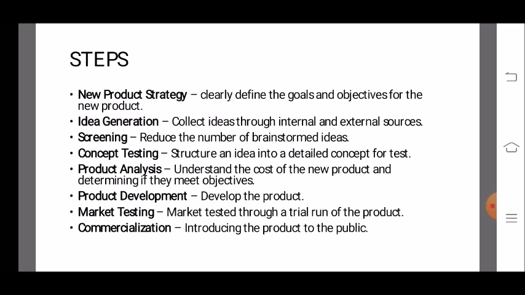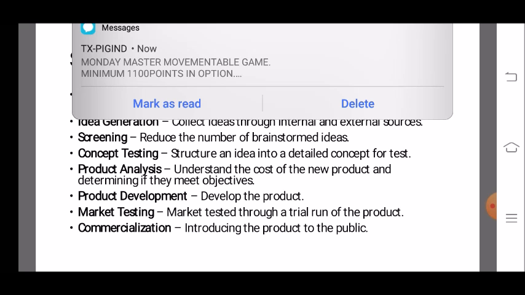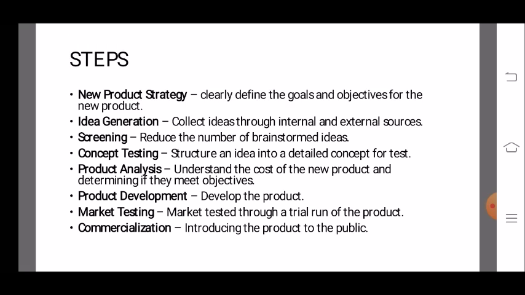And whenever we have a product available and we want to reorganize or redesign that product, we should be clear about the goals and objectives for the product. So we have to decide a strategy.